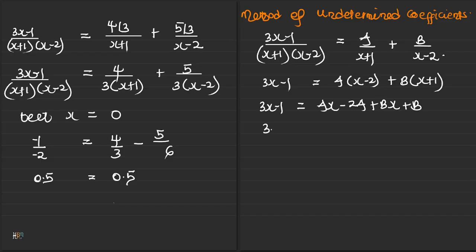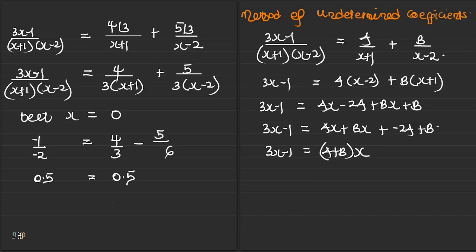So grouping like terms, we have our 3x minus 1, which is equal to ax plus bx, and then plus the constant terms, which is the negative 2a, and then plus b. So with that, we have 3x minus 1 is equal to (a plus b)x, then for our constant, we have plus negative 2a, and then plus b.